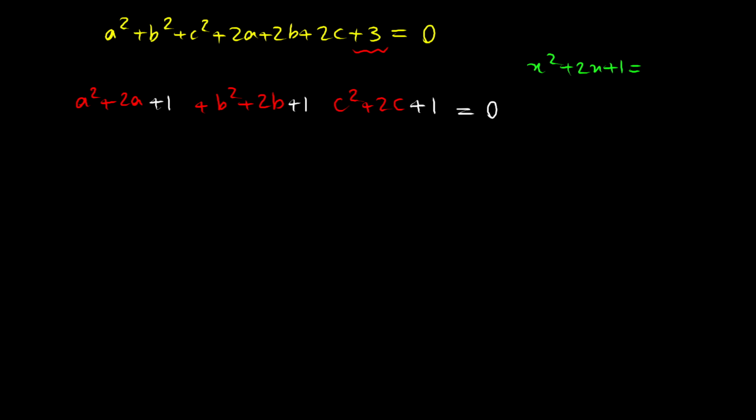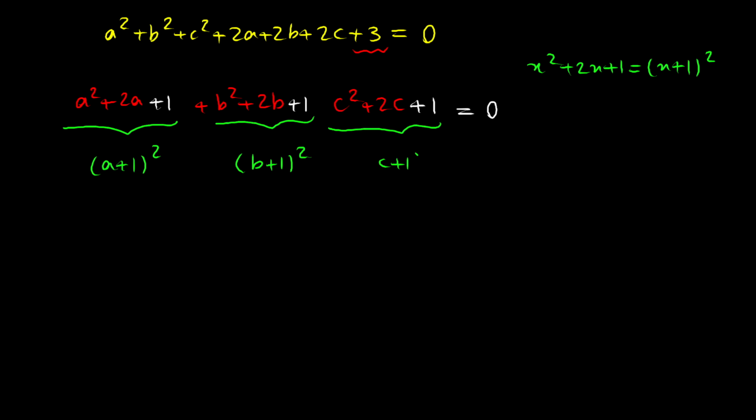so that since we know that x squared plus 2x plus 1 is equal to x plus 1 all squared, we can use that and say that this is a perfect square. So this is a plus 1 all squared, this is b plus 1 all squared, and this one is c plus 1 all squared. So we have the sum of these three numbers, and the sum is equal to 0.